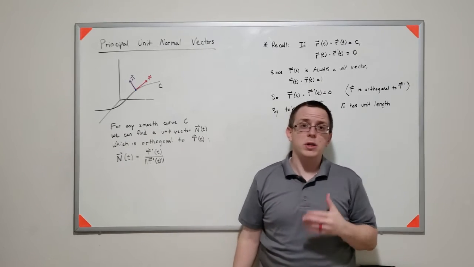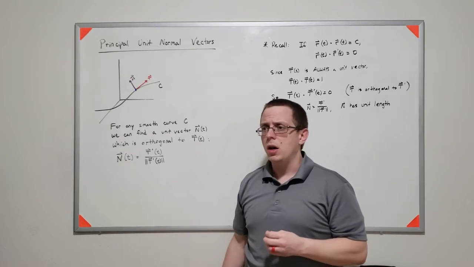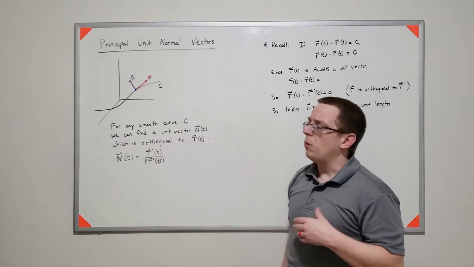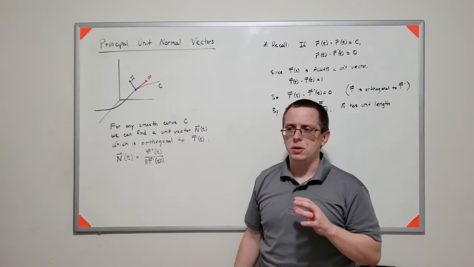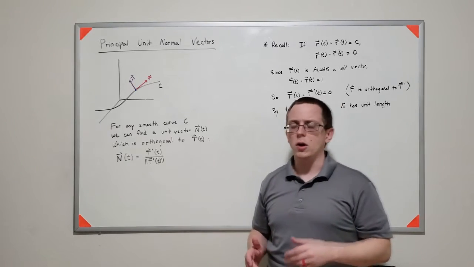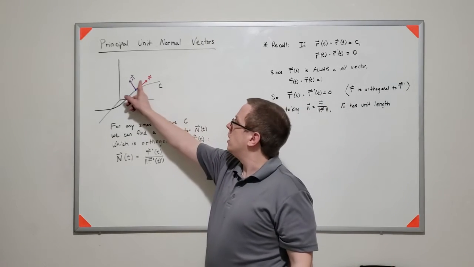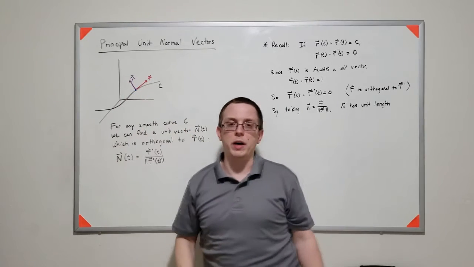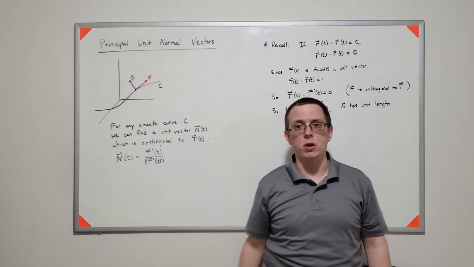Now, why would we want to do this? There's a couple of good reasons for it. But one big one that we won't cover really in this course is the idea of what's called a binormal vector. And that's constructed by taking the tangent vector and the normal vector and taking their cross product.